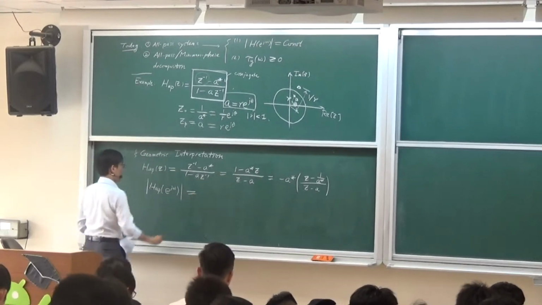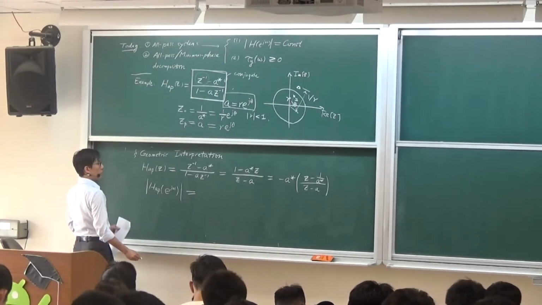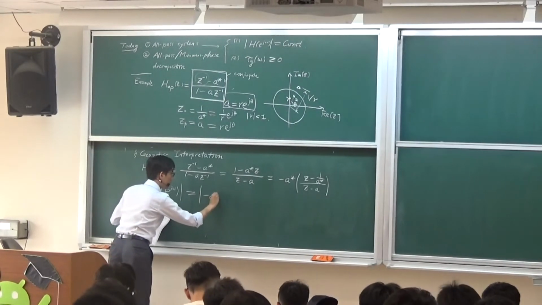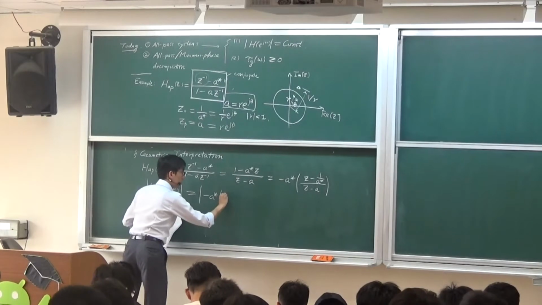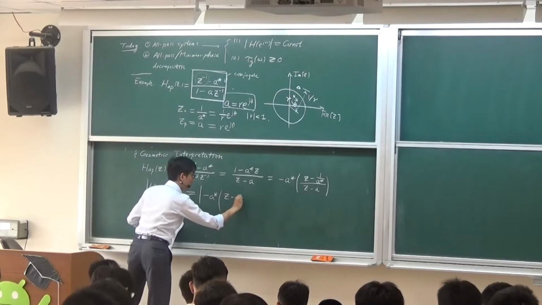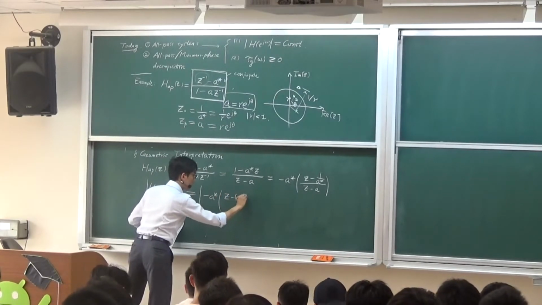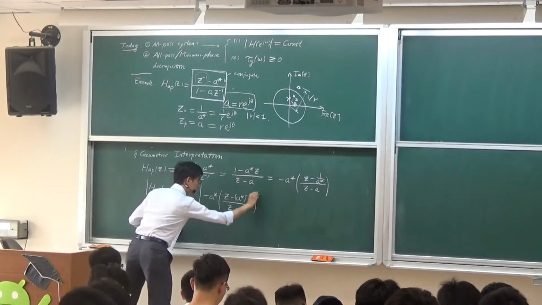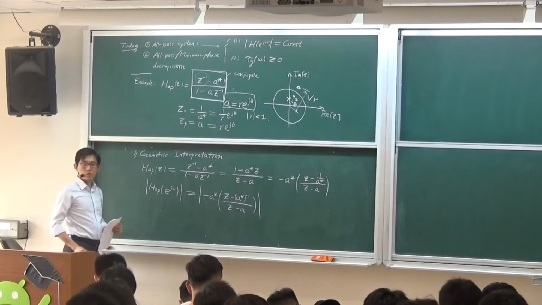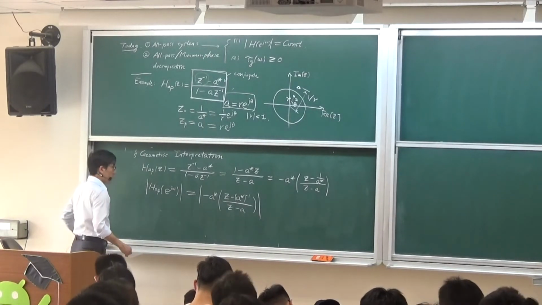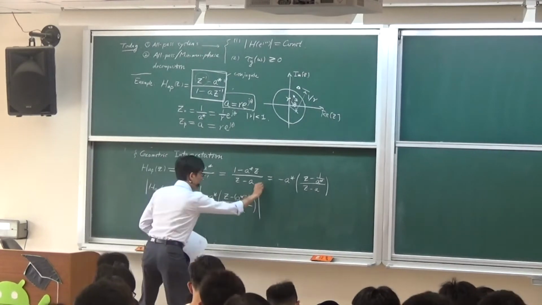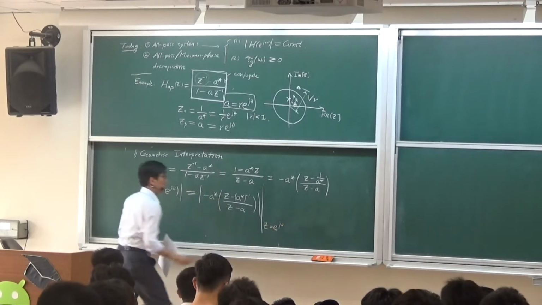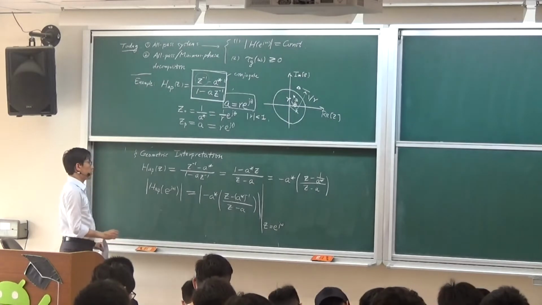And we know that the magnitude is going to be minus a conjugate times z minus a conjugate inverse over z minus a, evaluated on the unit circle.